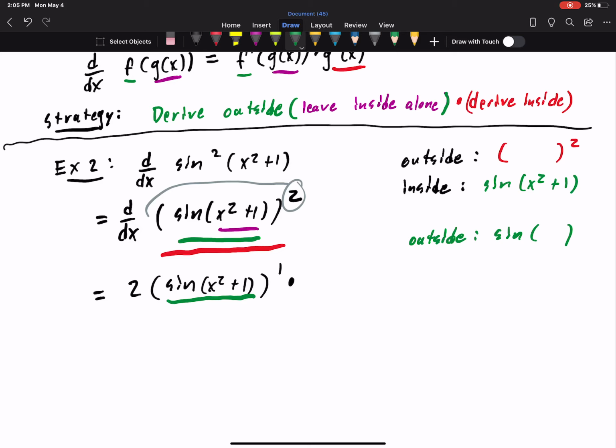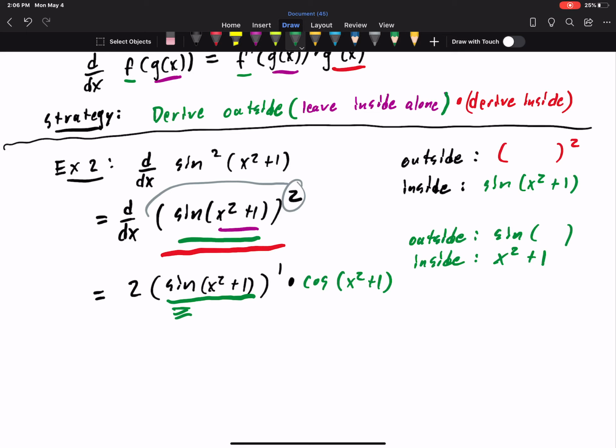The inside is the x squared plus 1. So we multiply this black stuff here by the derivative of the sine first. So we derive the sine, which gives us cosine of x squared plus 1, because we're going to leave the inside alone.